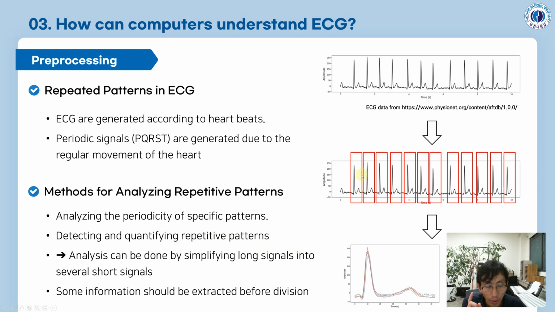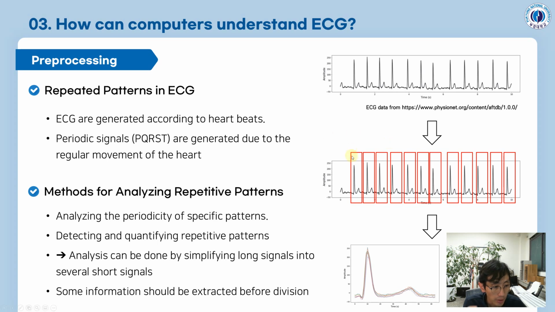So the first step could be, these days, of course we are using deep learning techniques, so sometimes we just put all the signals together. It is possible, but we cannot put the whole signal into the deep learning model. This is too long. So usually we separate the signal into small pieces.